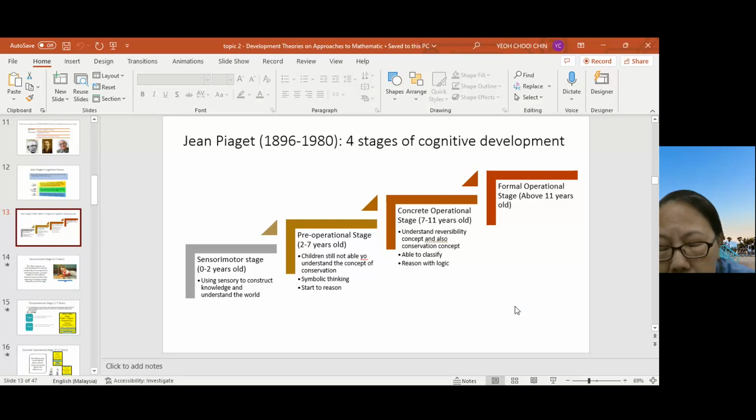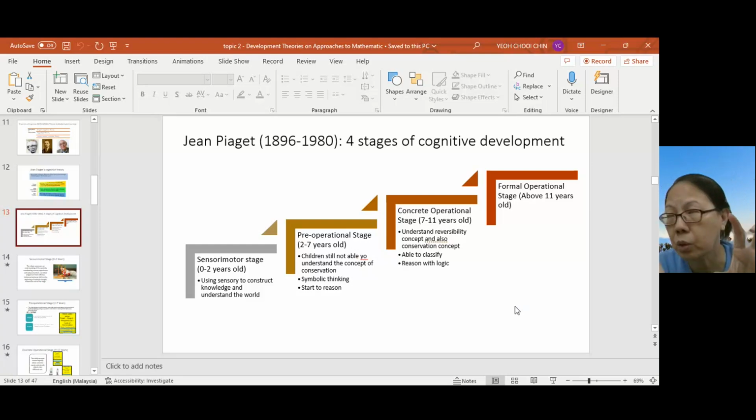Concrete operational stage is 7 to 11 years old. They understand the reversibility concept and also the conservation concept, able to classify, reason with logic. Just now we said 2 to 7 years old, pre-operational stage, they cannot understand conservation. But when they reach 7 to 11, they can understand conservation.